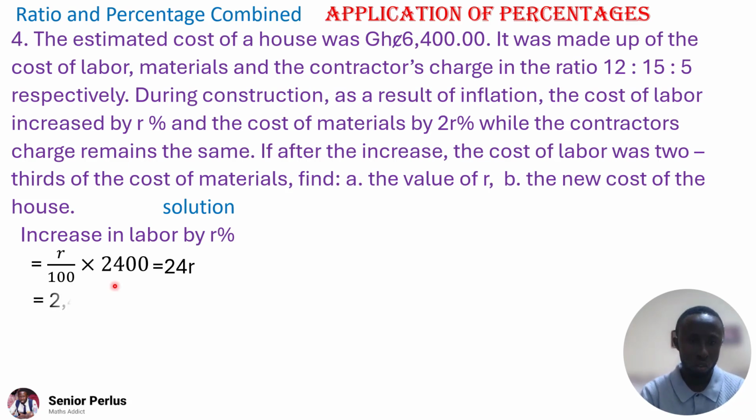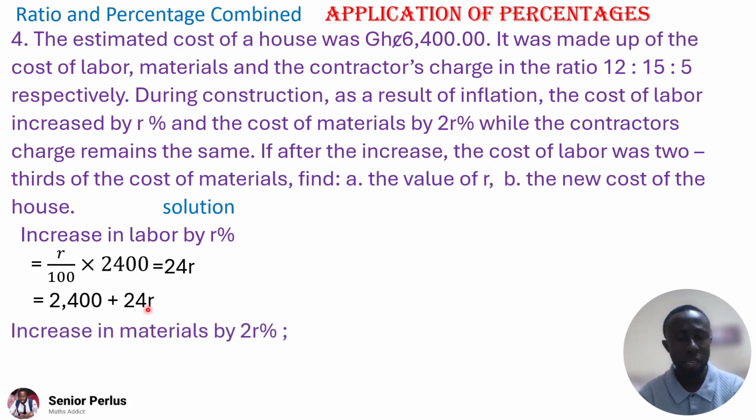So it becomes 24 plus 24R. That's for the increase in the cost of labor. Then there's an increase in the cost of material, which was 2R%. So you have 2R% times the cost of material, which we did, 15 out of 32 times the cost of the house.